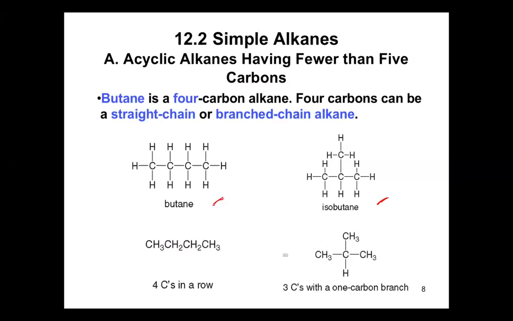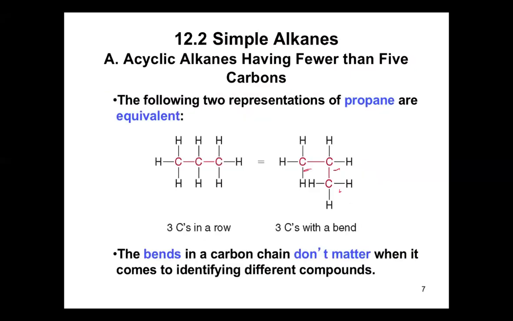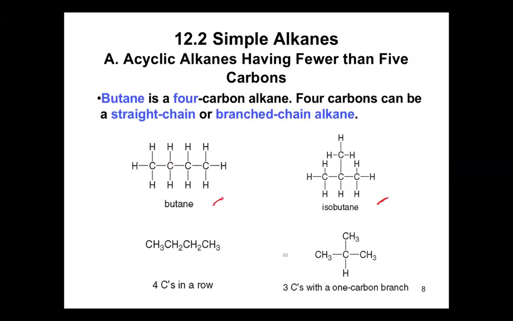So as you can see dito, if we go back dun sa propane, diba ito ay straight chain, ito naman ay bent chain. Wala silang difference in terms of naming, in terms of yung mga bond location. Unlike yung butane and isobutane, they are both 4 carbon atom compound.